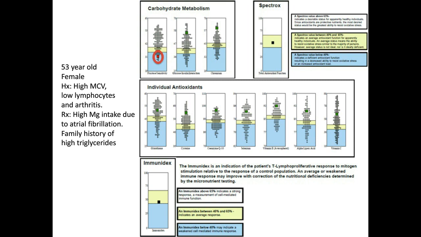We know that B3, as far as niacin, has been related to this. We also know copper has been related to this as well. And we know that fructose sensitivity can eventually cause insulin resistance. So it's very, very important that we correlate then, if we find this with an individual, that we address it.